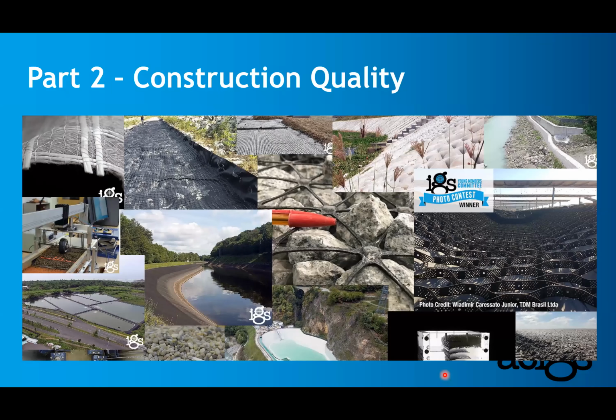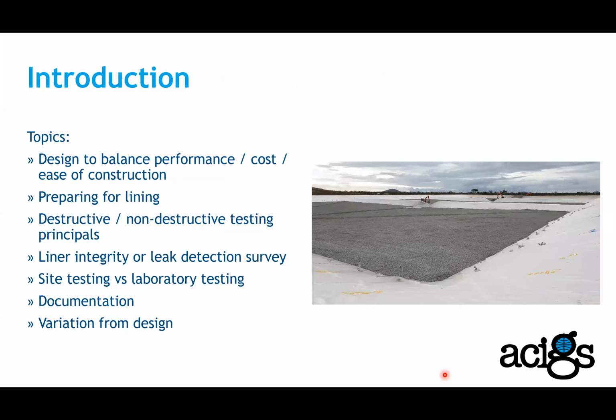So part 2, construction quality. After material conformance is completed, we start the construction process. The topics I will cover here quickly are design to balance performance, cost, and ease of construction, or constructability. Preparing for lining, so that's the subgrade preparation.